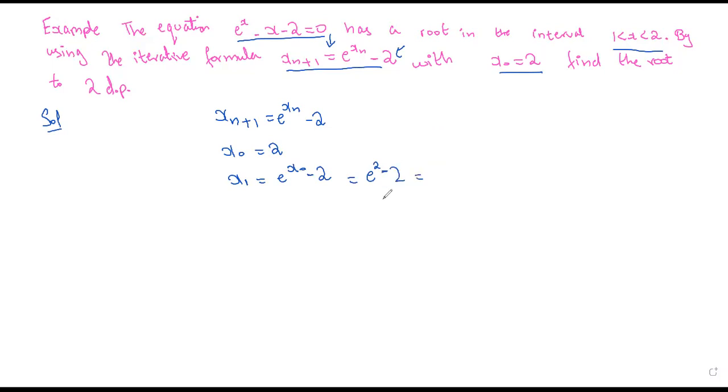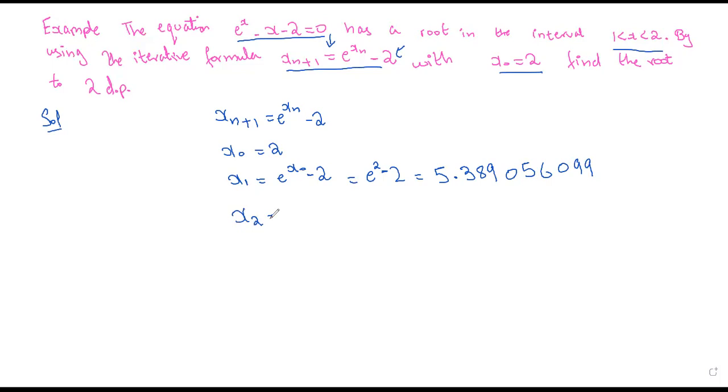What is the answer for this one? e to the power 2 minus 2 is 5.38905, 6099. Okay, perfect. This is x1.